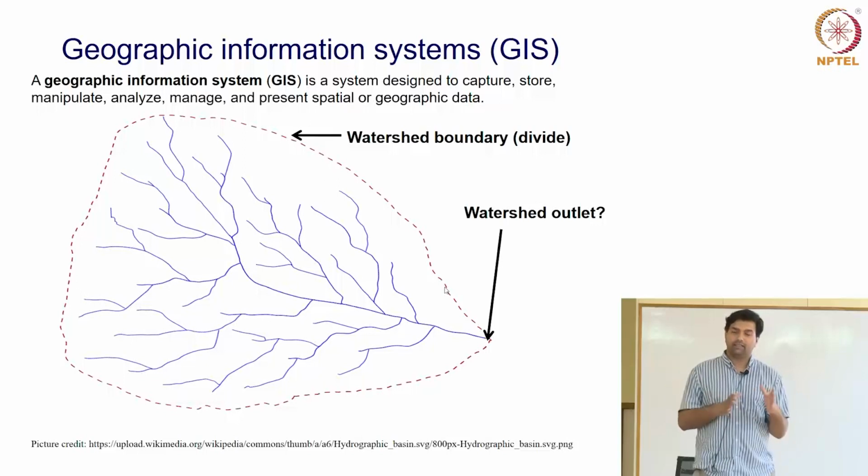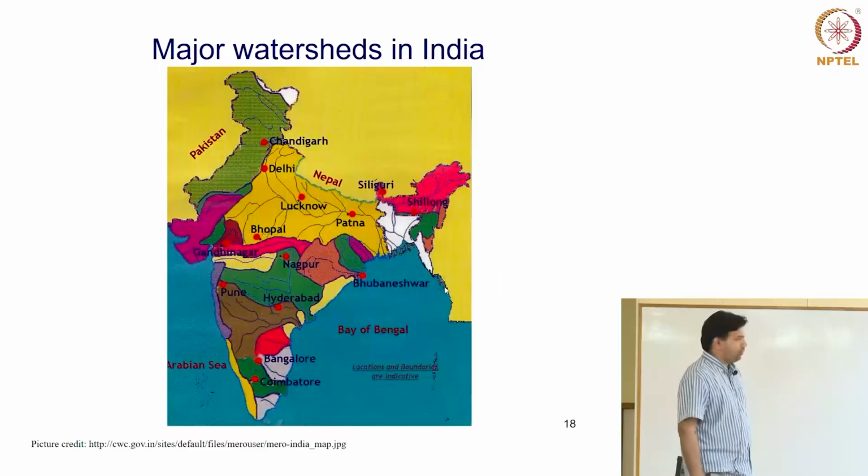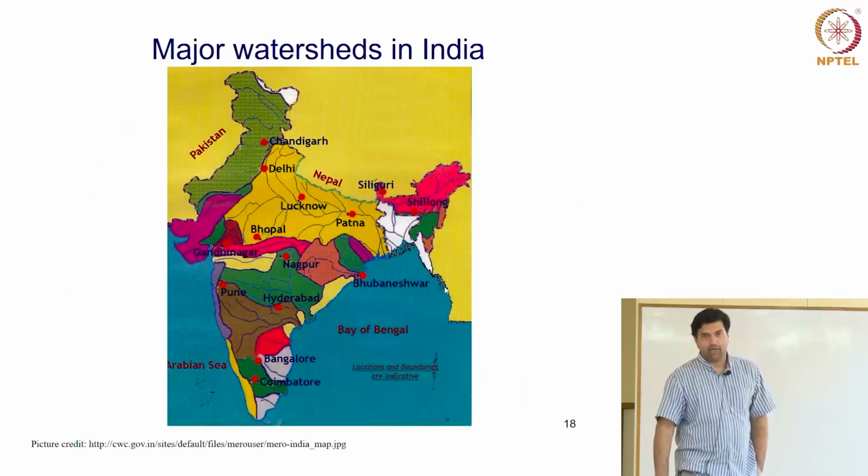So all this can be done using a geographical information systems framework, where you can do these calculations systematically and keep your spatial relationships on top of it and overlay it, and then get your watershed boundary and watershed outlet. So here are some major watersheds in India.